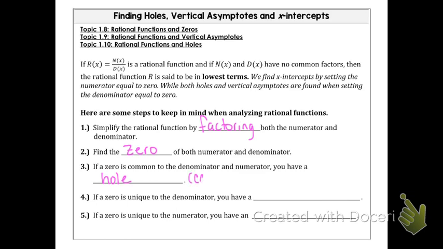And so this would be like if we had a canceled factor, if we just look at it in factored form. If a 0 is unique to the denominator, you have a vertical asymptote. And if a 0 is unique to the numerator, you have an x-intercept, a root, or a 0, whichever way they want to word it.